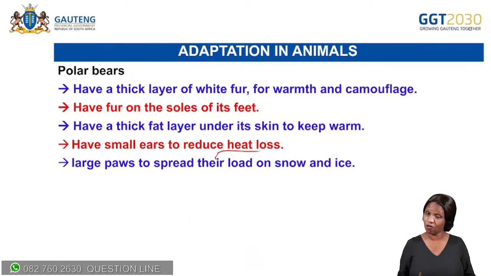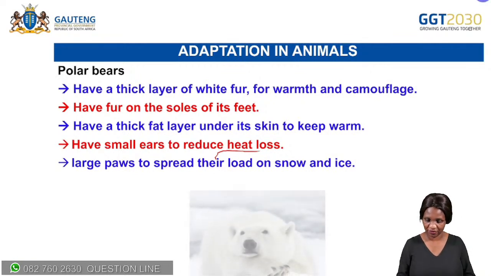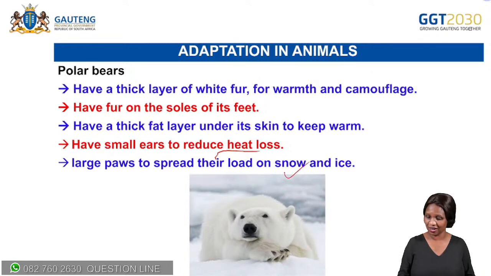We've got a picture of a polar bear. It looks very cute. And then just check the color. It matches its environment. It is blending in its environment. And look at the soles of its feet. It has got fur. Why?